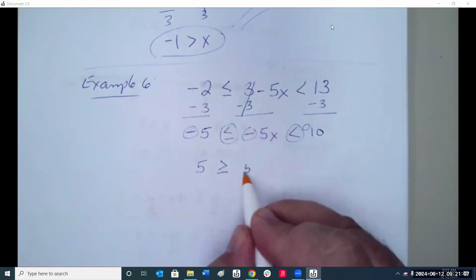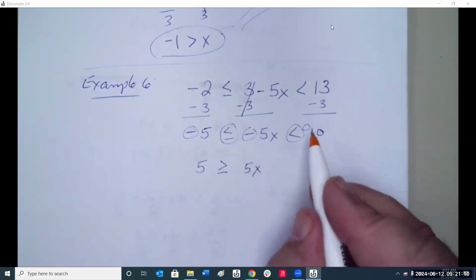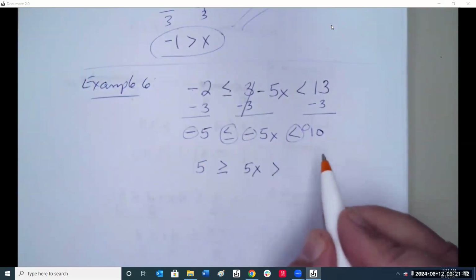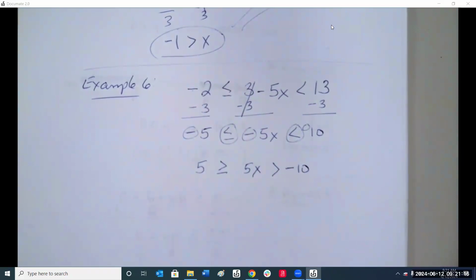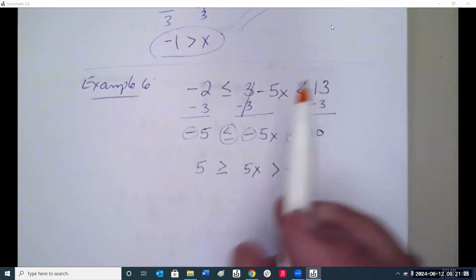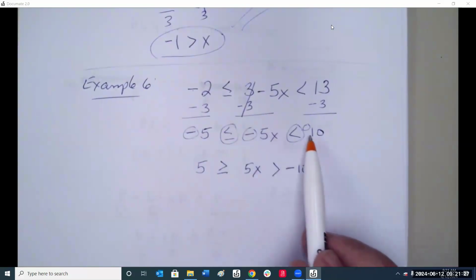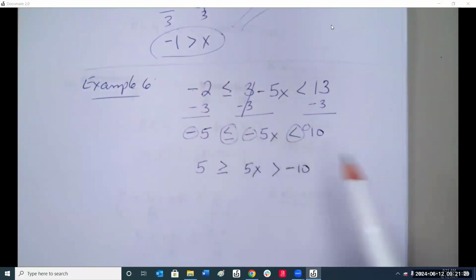From -5x, it goes to +5x. From less than, it goes to greater than. And from 10 to -10. So change everything across the board. You have to change the signs in front of the numbers, the coefficients, and then change the directions. Everything changes.